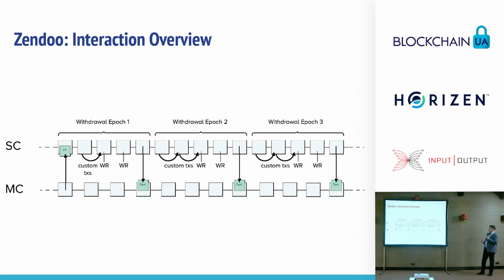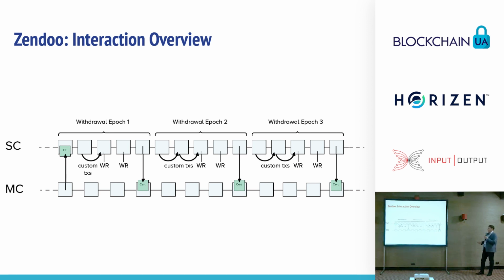So what interaction do we have here? We have withdrawal epochs, we have the main chain. Within the main chain, at any given moment, with forward transfers, coins are moved from the main chain to the sidechain. They are processed within the sidechain, and within this period, some users would like to move their coins back from the sidechain to the main chain.